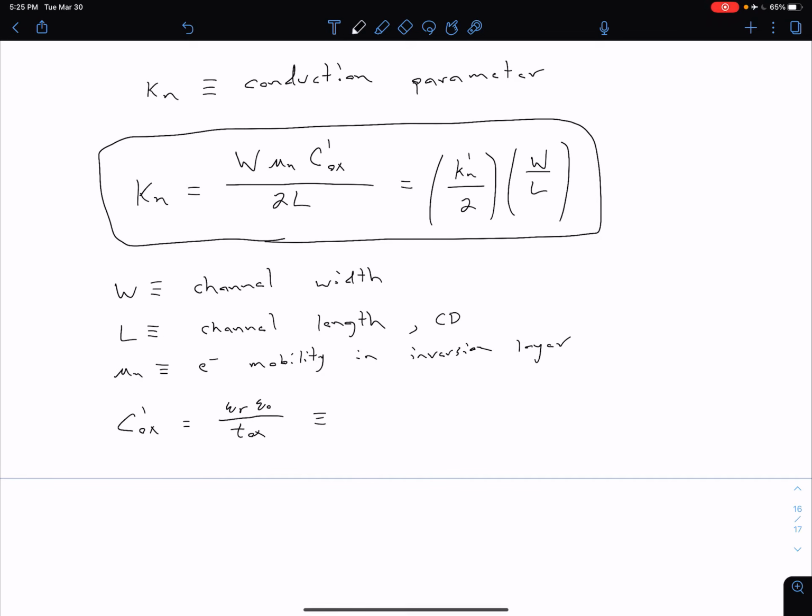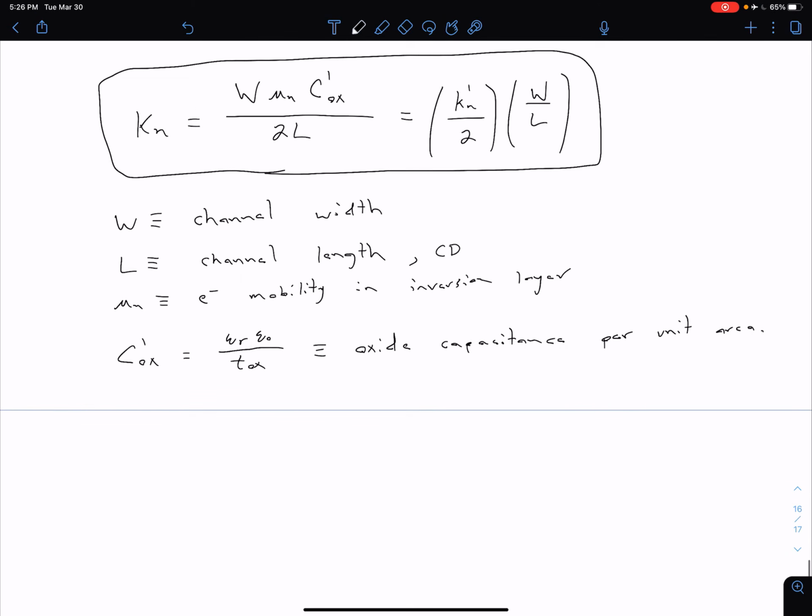It's actually not the capacitance of the oxide, but the capacitance of the oxide per unit area, and that's what the prime indicates. So, oxide capacitance per unit area. Finally, what is that lowercase k sub n prime? Lowercase k sub n prime is equal to mu sub n times our Cox prime. We've just simplified that a little bit, and this is something that we'll refer to as our process conduction parameter.